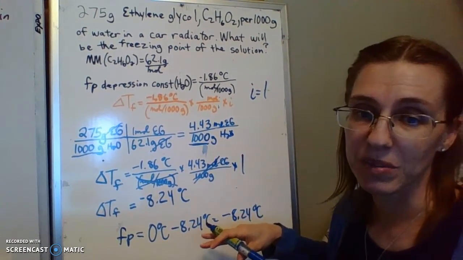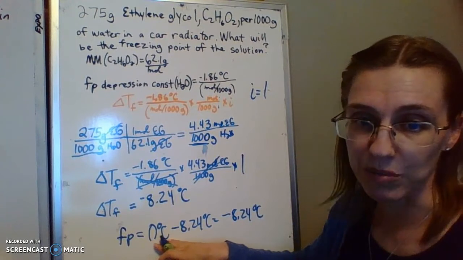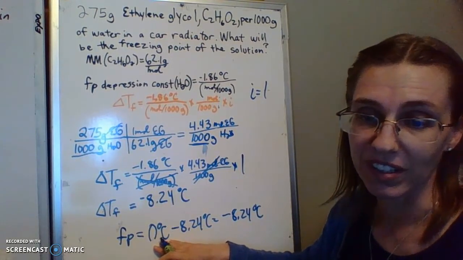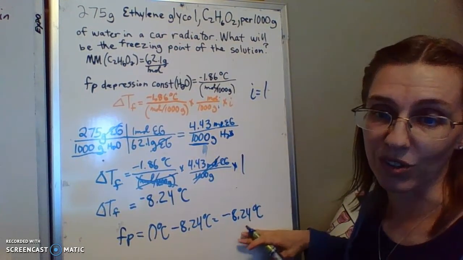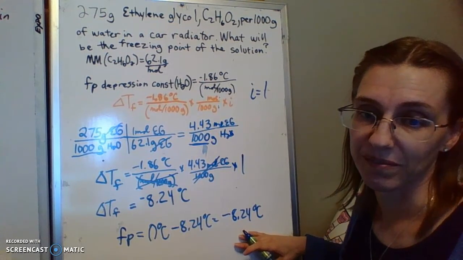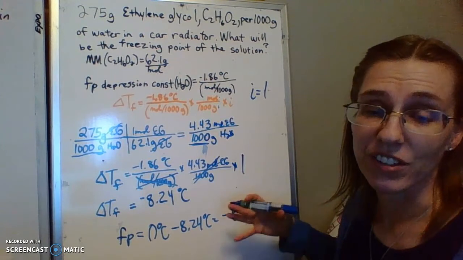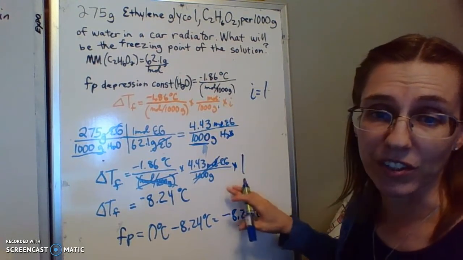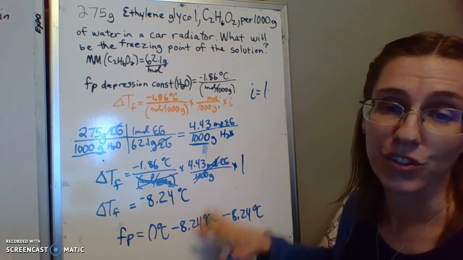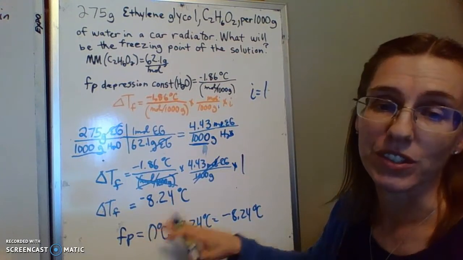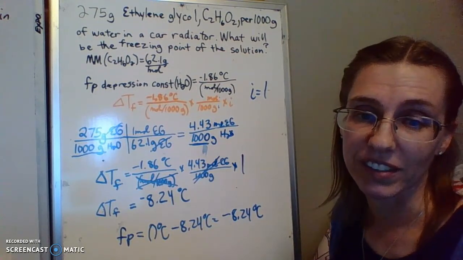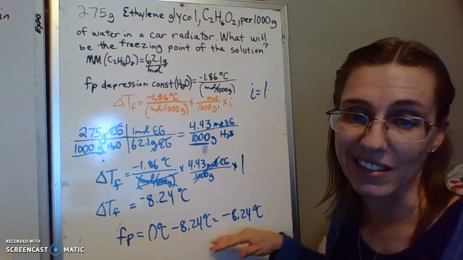If it's any other substance other than water, you're going to have to subtract it from the original number, the original freezing point, in order to get that final freezing point. And if it's the boiling point, you're definitely going to have to add whatever you come out with from this calculation to the 100, which is your boiling point of water. So don't forget this last step.